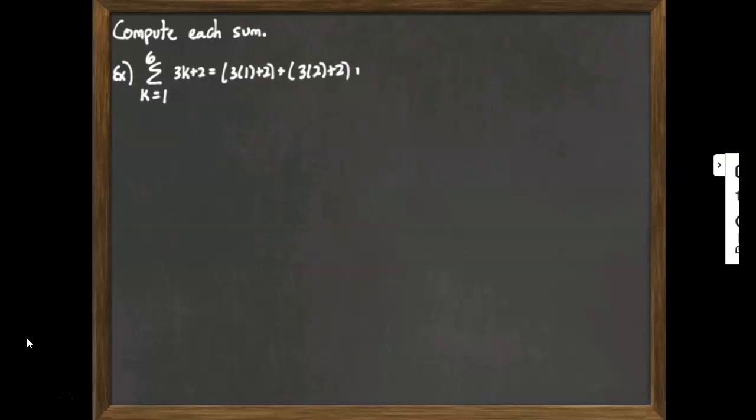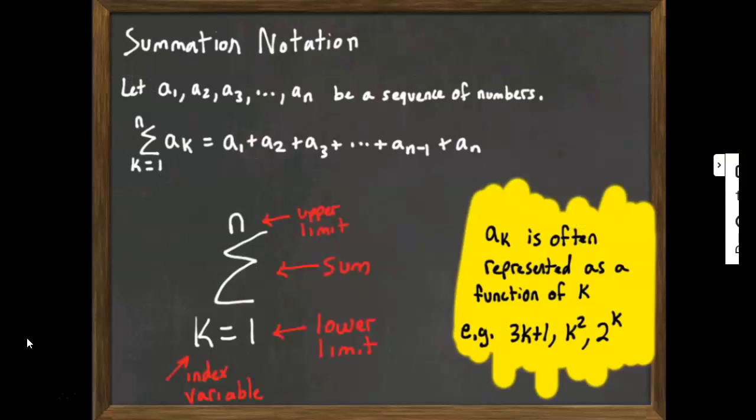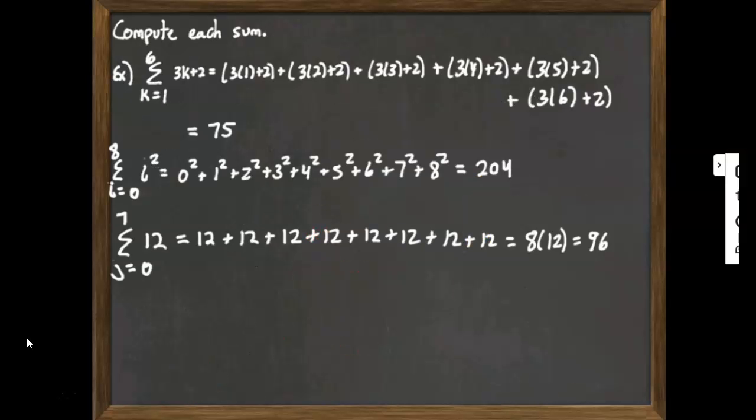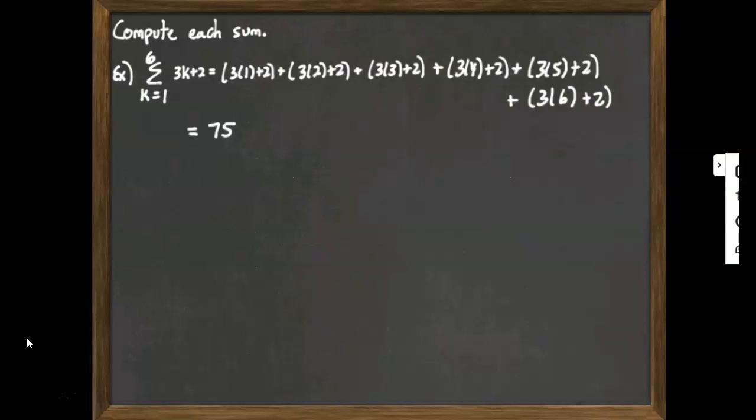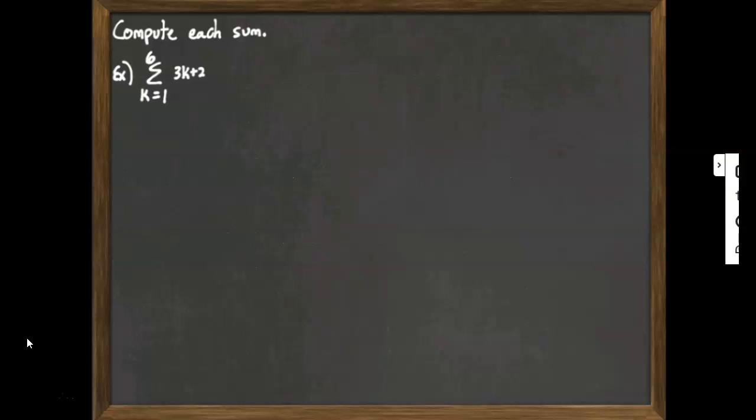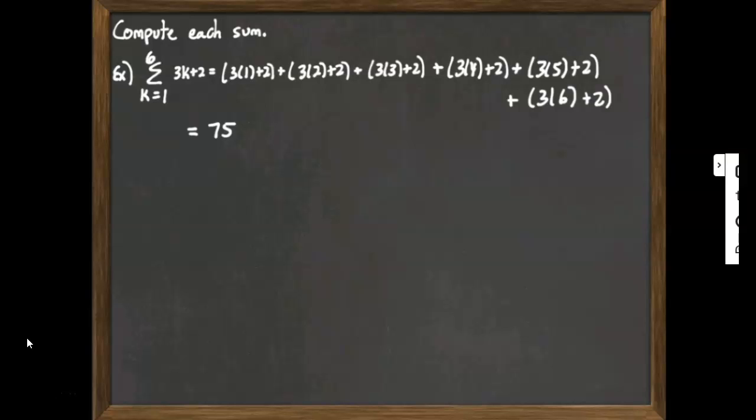So K becomes 2, then K becomes 3, then K becomes 4. And so eventually K becomes 5, K becomes 6.